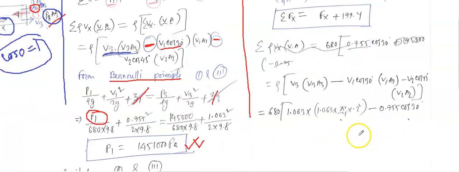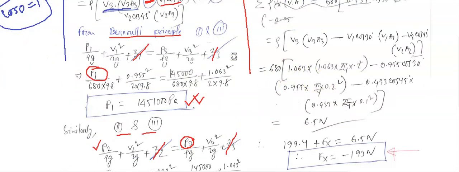So if we substitute every value here, we know V3, V1, we know the areas A1, A2, everything. We know the density of gasoline, 680. So if we substitute every value, then we will get an expression for this. We simplified this and we got 6.5 Newton.